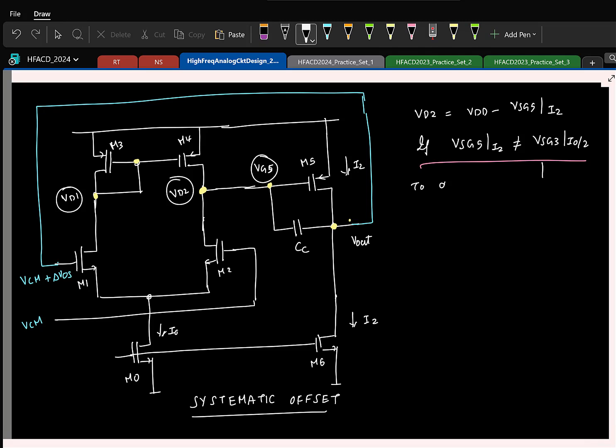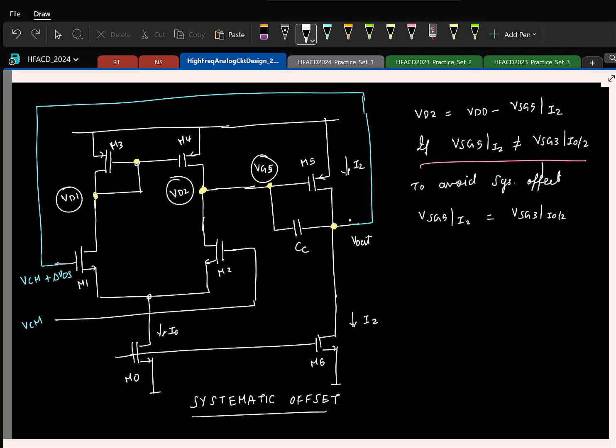So to avoid this, you just choose VSG5 at the current I2 to be equal to your VSG3 at whatever current you have.